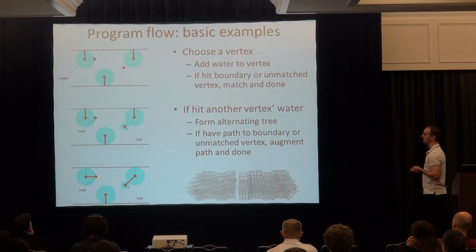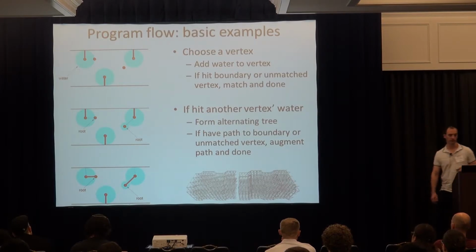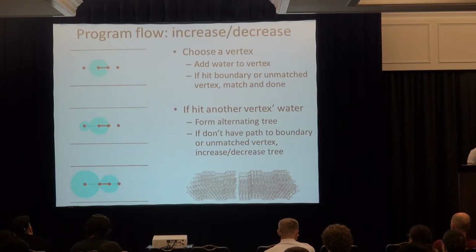Once you do that, if you find that the alternating tree has a leaf, so that's the end of the tree, that is unmatched, you can augment the path from the leaf to the root, which means take this path from the leaf to the root and change every matched edge into unmatched and every unmatched into matched. And as you can see, that will help you here. You'll end up with one fewer unmatched vertices. And that's always going to be the case. The root becomes matched, and nothing else becomes unmatched. So that's the next class of problem.